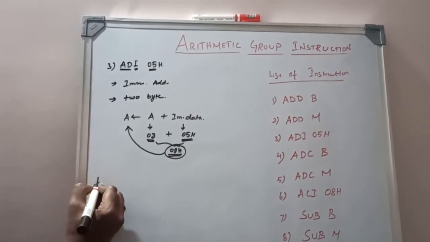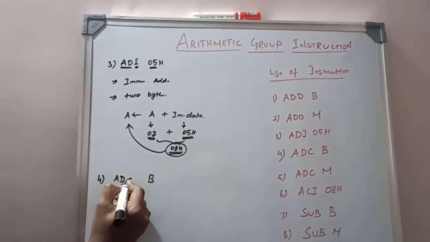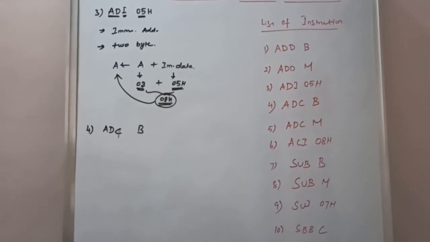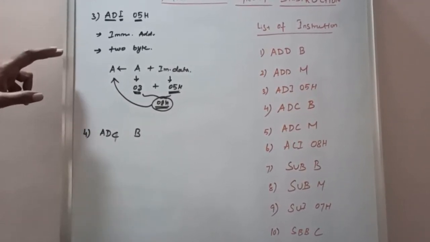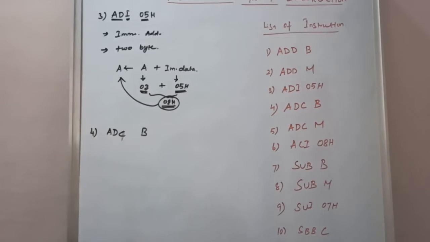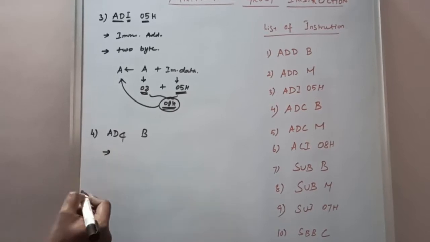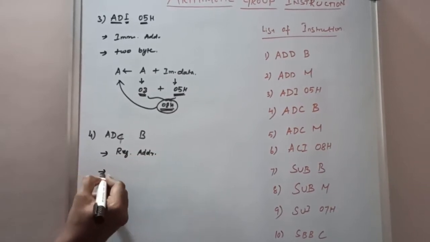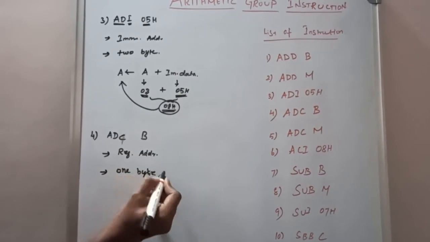Next one, ADC B. This adds the two register contents with the carry value. In the earlier instructions, we don't consider the carry value, only the register, memory or immediate data. But in this instruction, we consider the carry value also, adding the two register contents plus the carry value. The type of addressing mode is register addressing mode, and it is a 1 byte instruction.